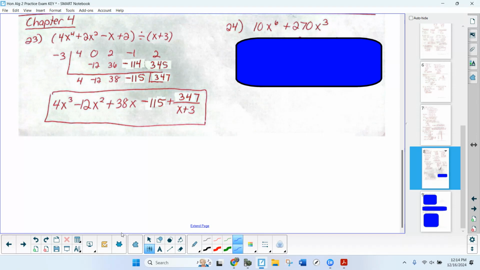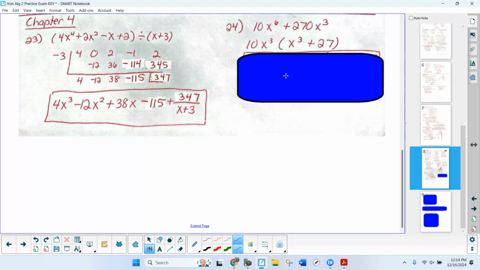All righty. 24. Factor completely. All right. So that is correct. What'd you do first? So first I took out the GCF, which is 10x to the third. And then you were left with? x to the third plus 27.